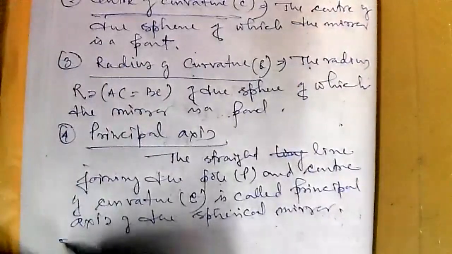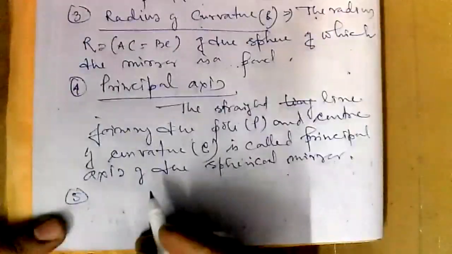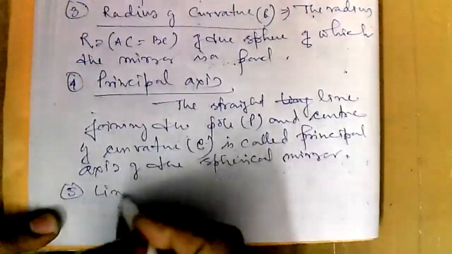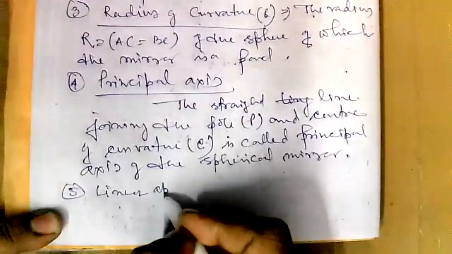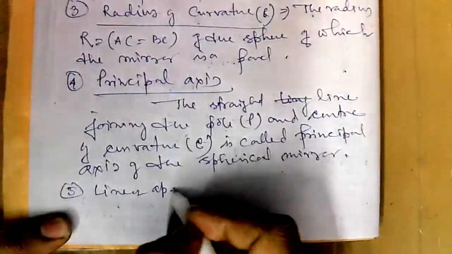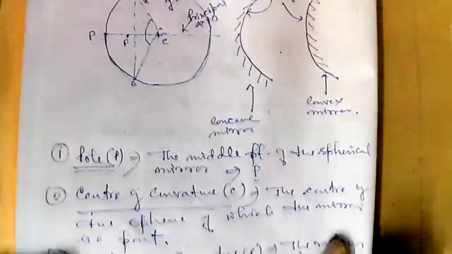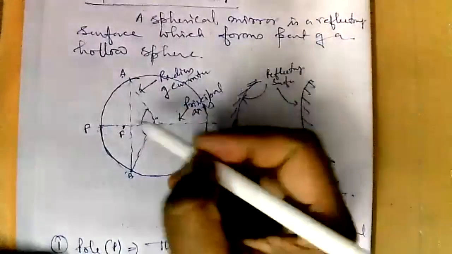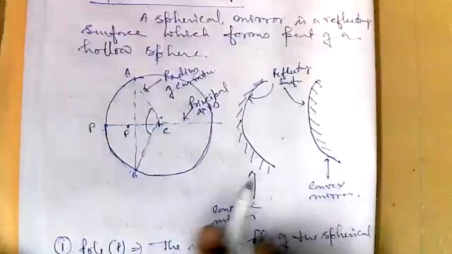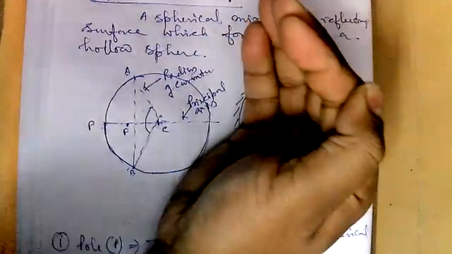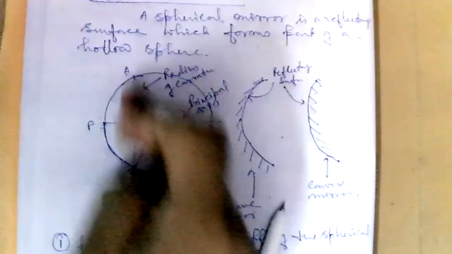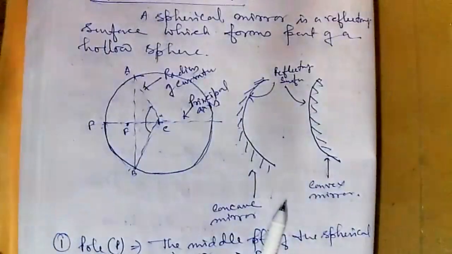Then comes linear aperture. If you cut a portion, you will get this type of sphere. So the boundary is also circular. So the diameter of this boundary, like this AB, is called linear aperture.